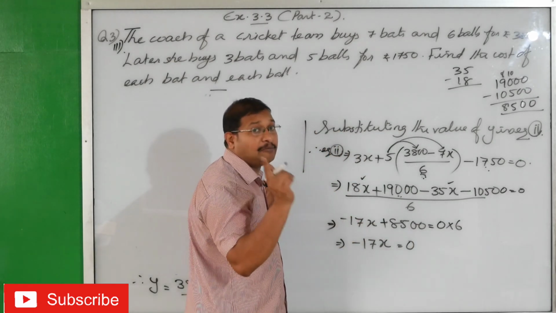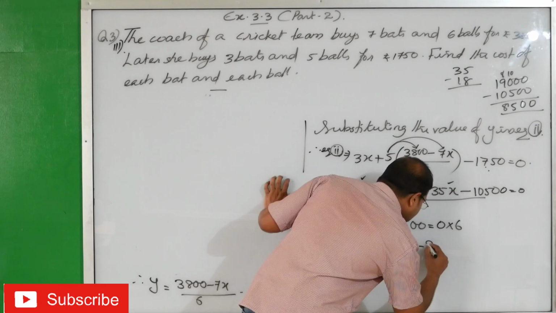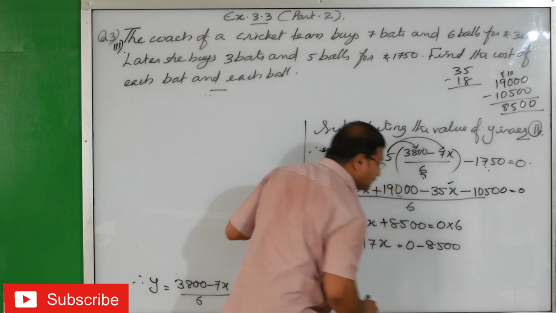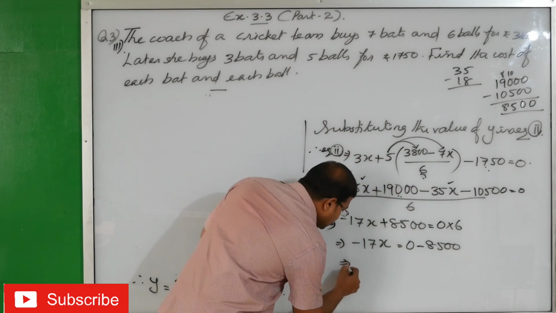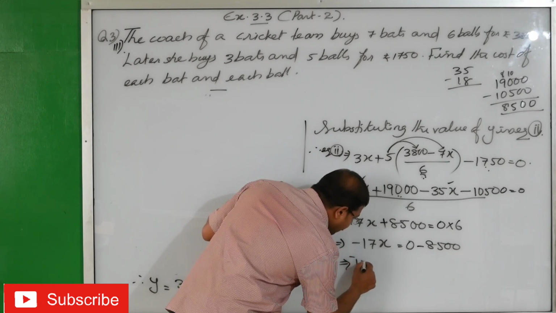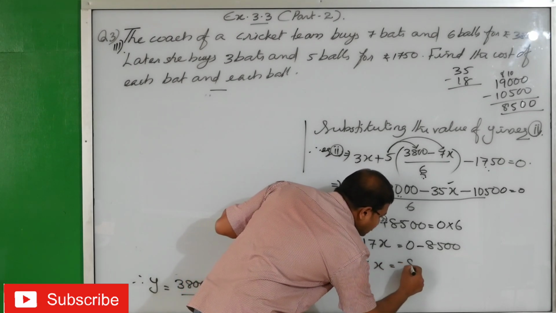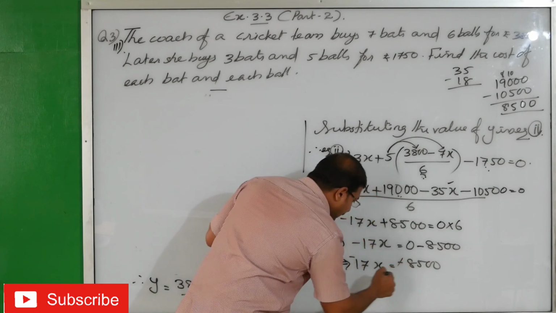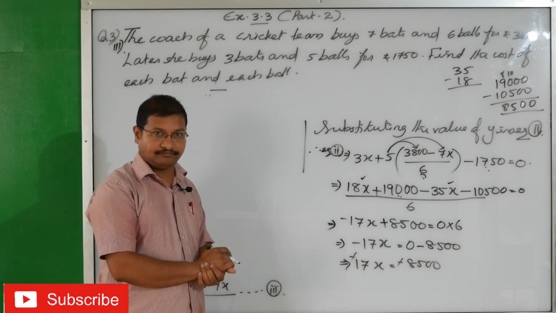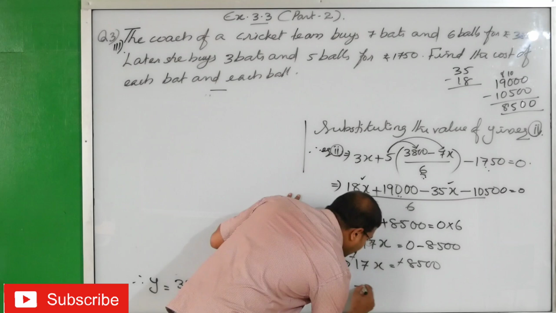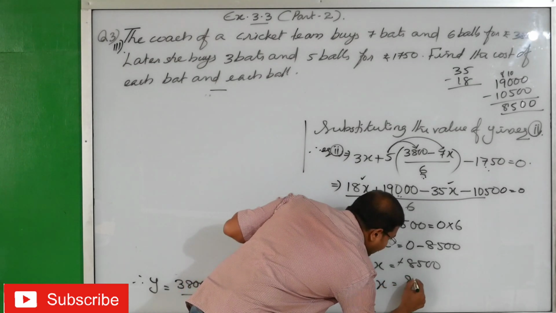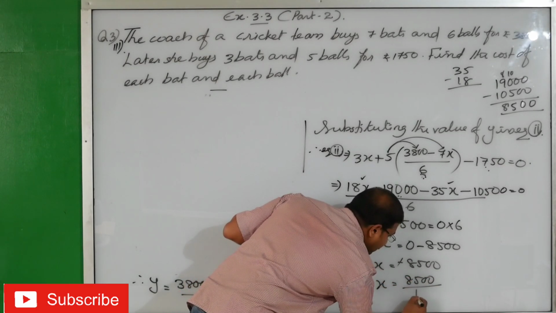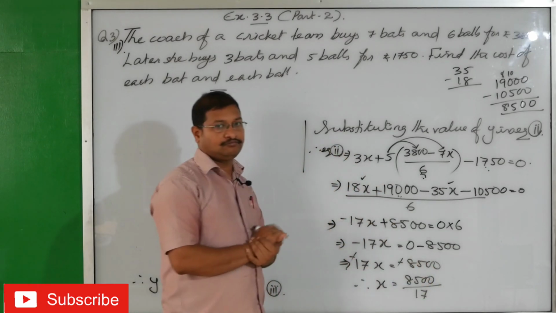If it goes next side, minus. So minus 8500. This implies minus 17x equals minus 8500. Minus will cancel. Ready? Therefore x equals 8500 divided by 17. Ready?